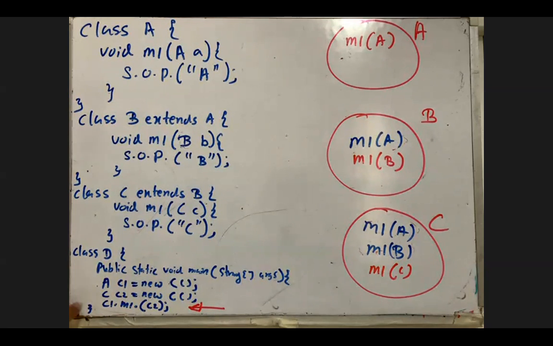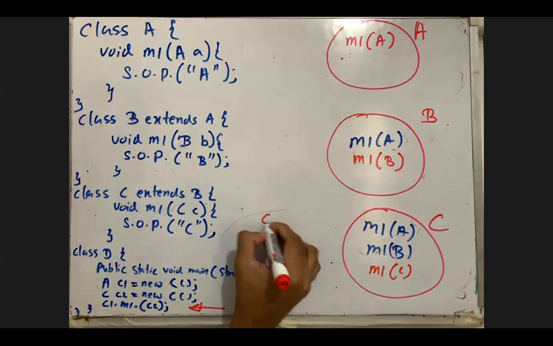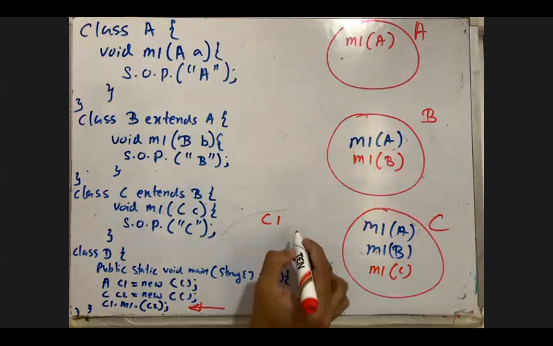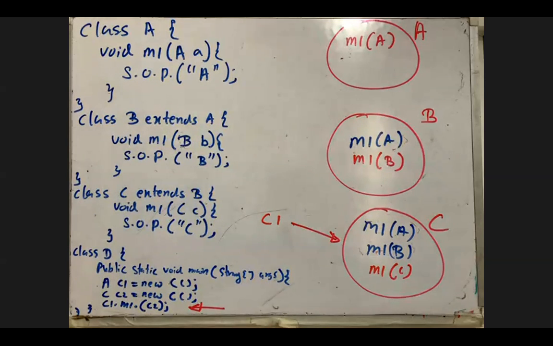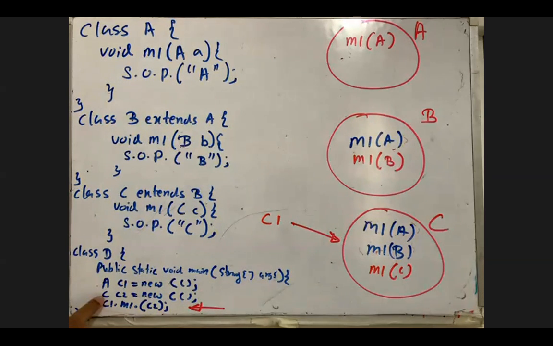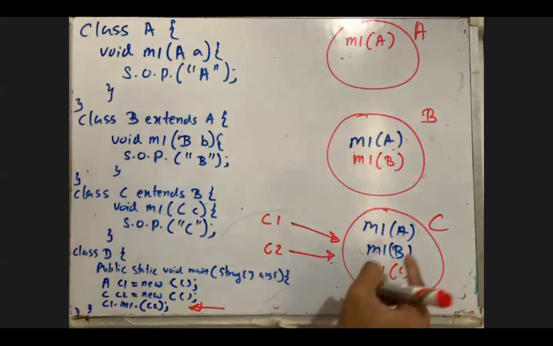Okay, now assume that you created C1 is equal to new C. Now you created the C1. Assume that this is your C1. It is from the new C. New C means C's constructor. And C2 is new C. Again C2, that is also from this one.